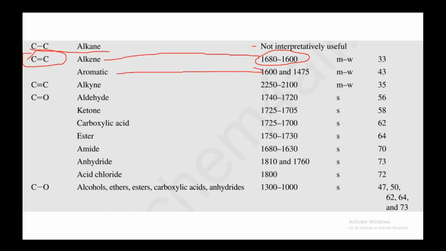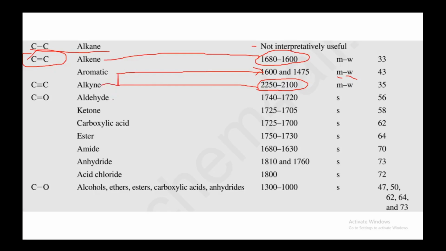The double bond present in aromatics appears at around 1600 to 1475, and the peak intensity is either medium or weak. For a triple bond, the peak appears at around 2250 to 2100, and that peak is assigned to alkynes.